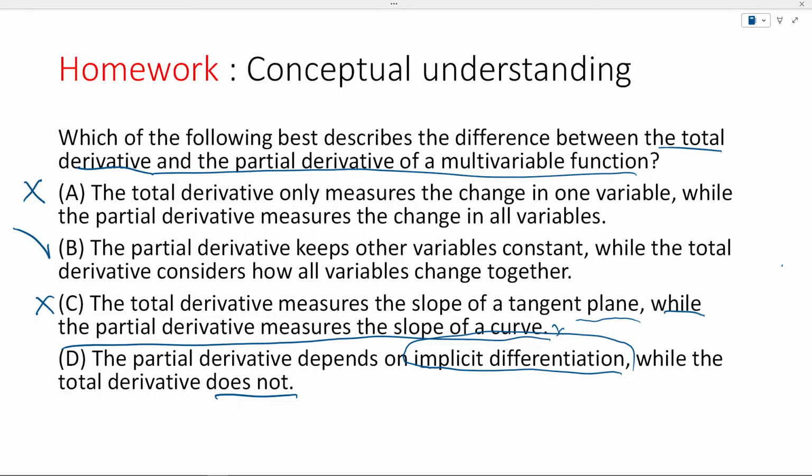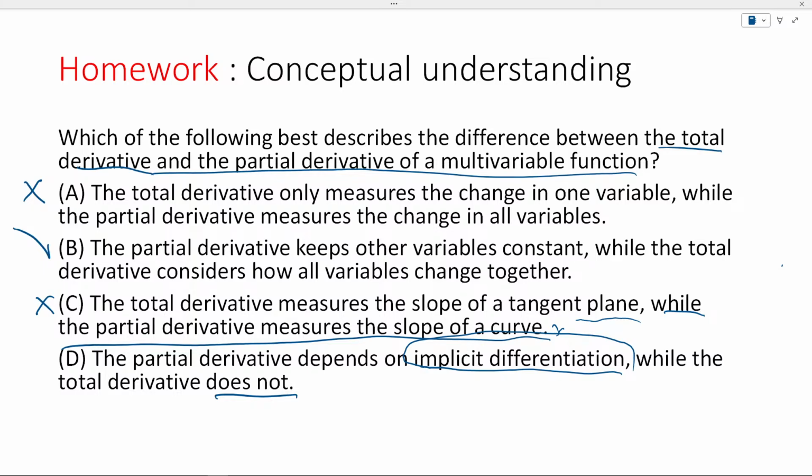Partial derivative can sometimes involve implicit differentiation, as in the sphere example, but it is not a general requirement. Total derivative does not inherently depend on implicit differentiation, because I showed you some of these total derivative methods and we solved them without implicit differentiation.